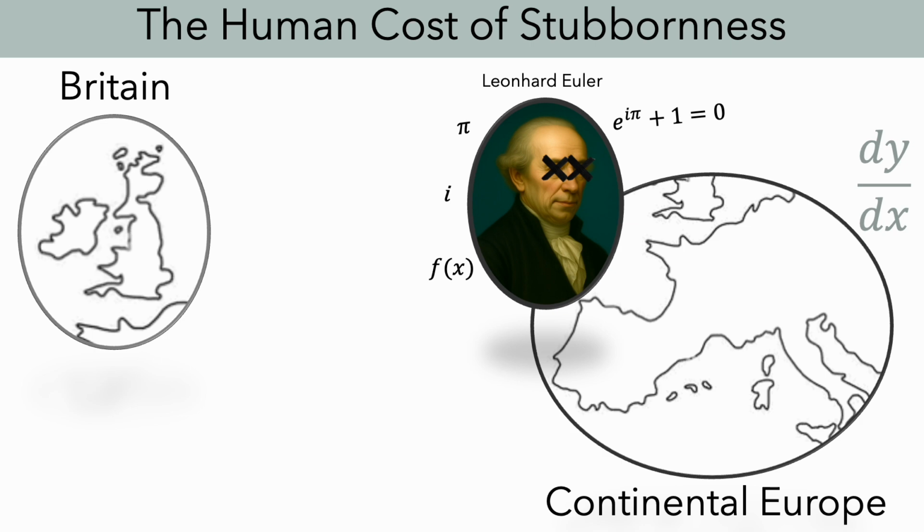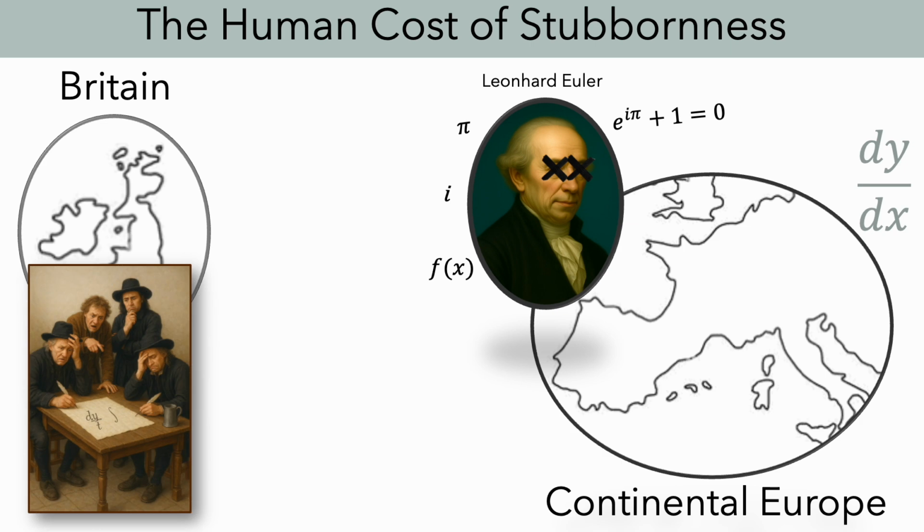Meanwhile, British mathematicians found themselves increasingly unable to follow the continental developments. Papers written in the notation of Leibniz looked just foreign and impenetrable. Mathematical collaboration across national lines became nearly impossible.